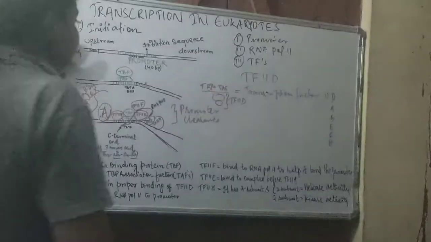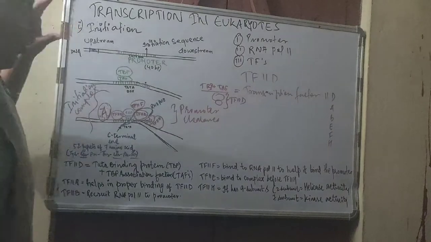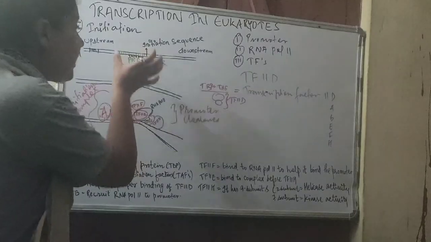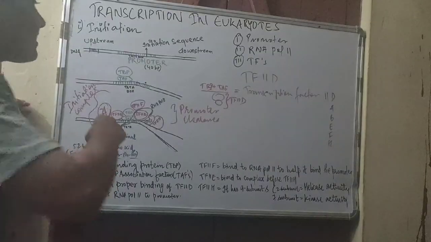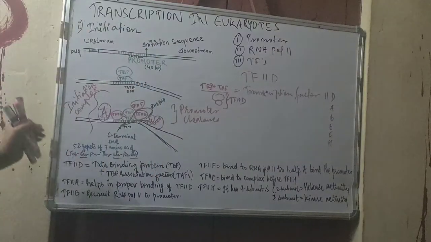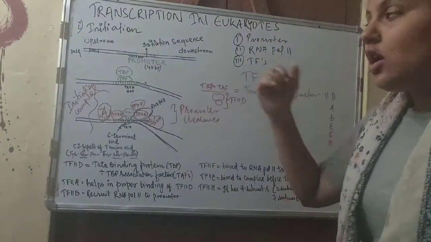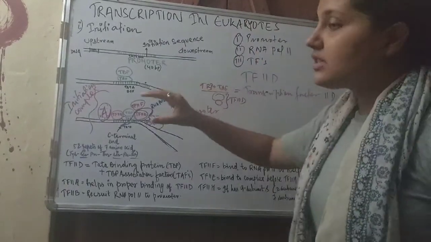We have a DNA sequence in which we have a promoter, and within that promoter there is a TATA box, and then the initiation sequence. Now the TATA box is 40 base pairs long.